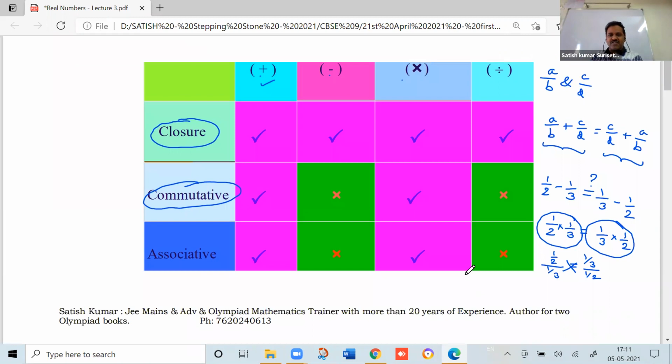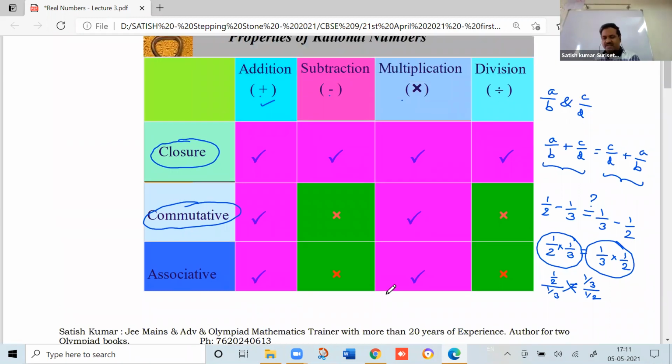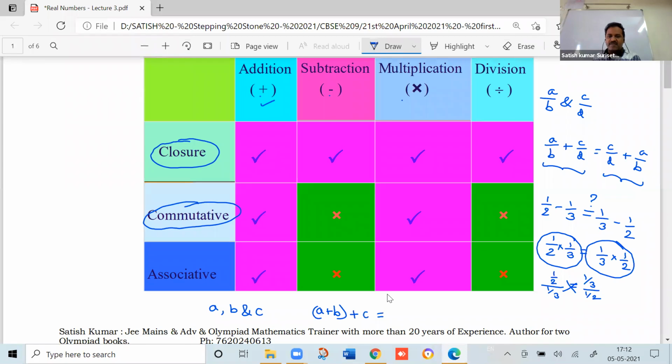Next, associative property. What is the meaning of associative property with respect to addition? Suppose A, B and C are three rational numbers. Instead of taking the a/b form, taking directly the A, B, C form. With respect to addition, is (A plus B) plus C the same as A plus (B plus C)?